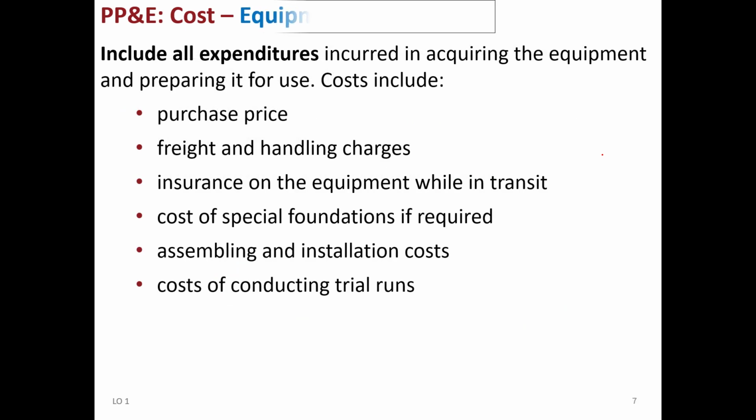All right, what about equipment? Now, equipment is a very broad category, but just keep in mind whether we want to call it a machine or piece of equipment. Sometimes we can call vehicles our equipment too.